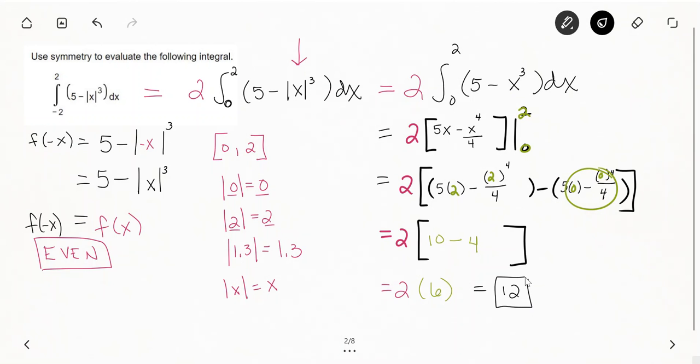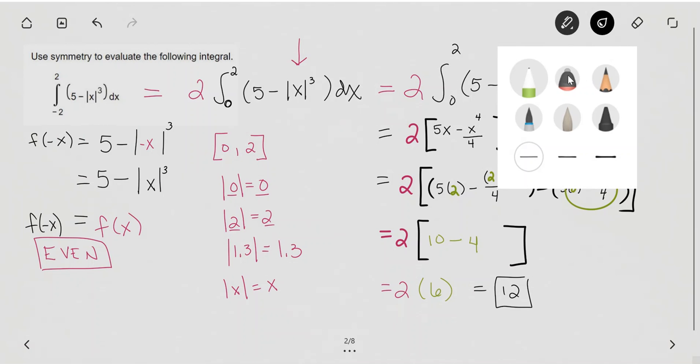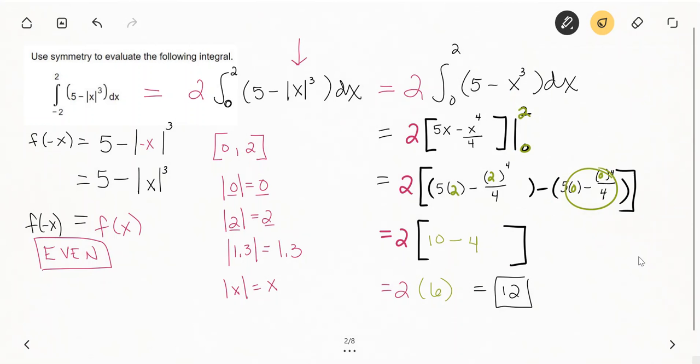Now let me go back over the tricky part of this problem. The tricky part really is this absolute value and the symmetry. To start with, for the symmetry, because it's even, instead of going from negative 2 to 2, I could double the integration from 0 to 2. That's because of the symmetry.